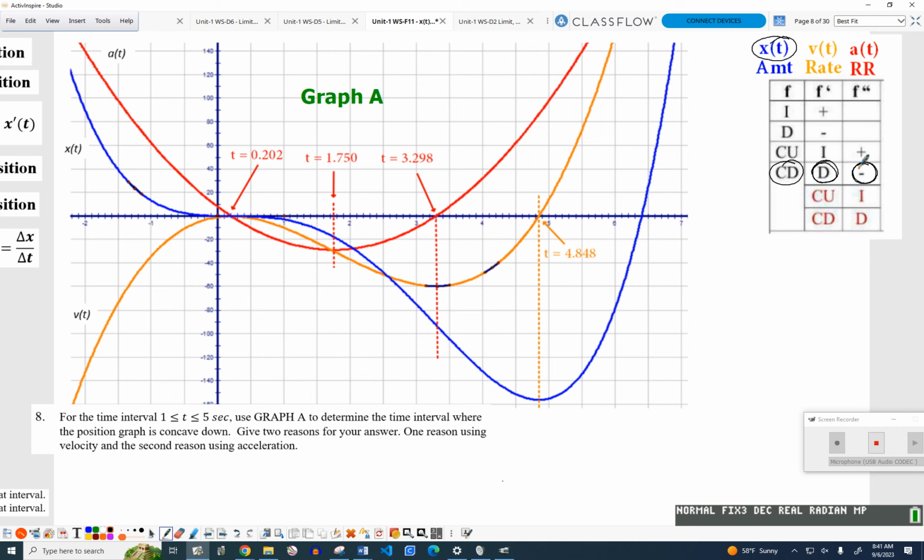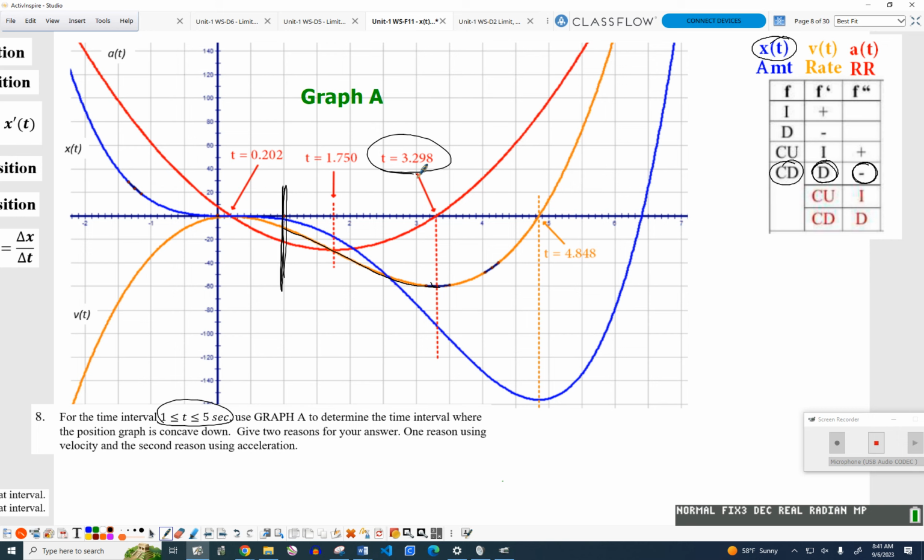So right here, you start at time 1. You're supposed to look at the interval from 1 to 5. Start at time 1. The velocity is decreasing all the way until we get to that time right there. So that will be the span of time where the position graph is concave down.